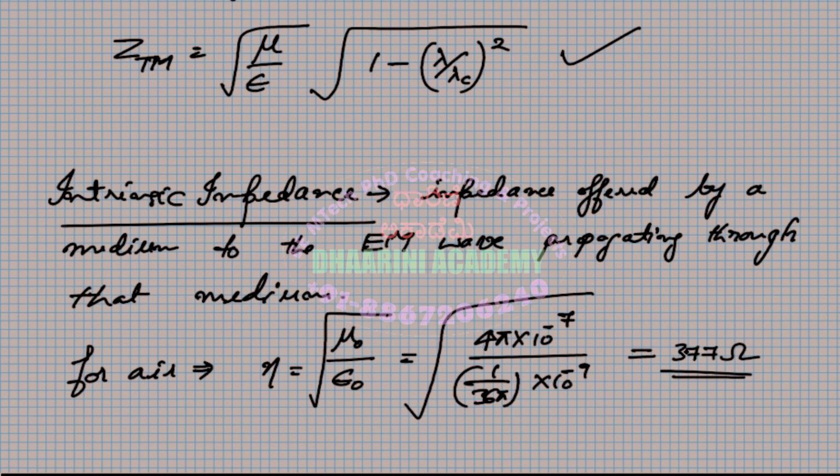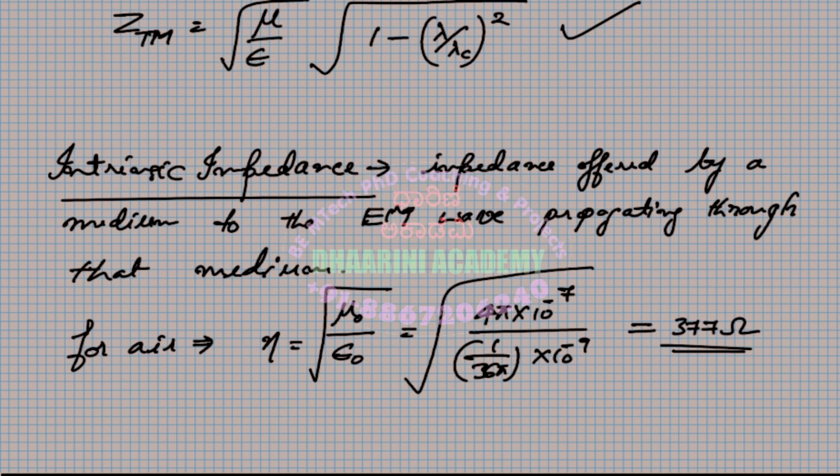So we can understand that this is a resistance value, right? As per the definition, this is the resistance offered by air whenever any electromagnetic wave propagates through it, like light. Whenever light propagates through the air, it feels that there is a resistance of 377 ohm. So that's the meaning. If you want for any other medium, I have to use this.